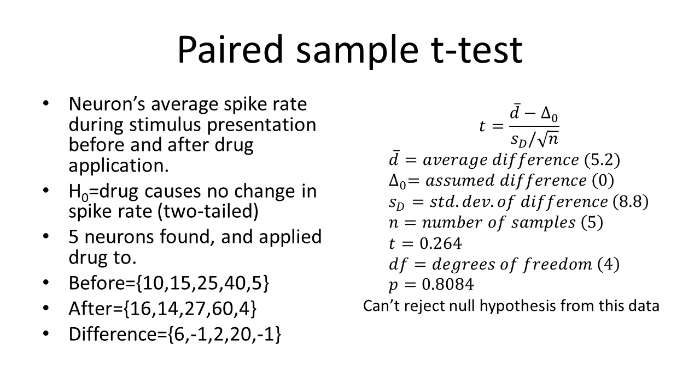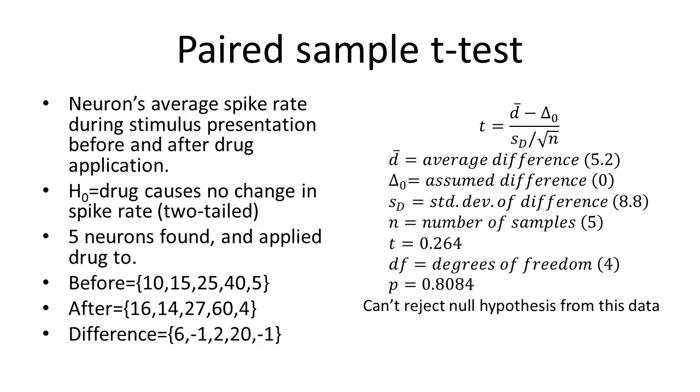So moving on to the actual description of it, you can skip this part if you don't care too much about it, because you could always just put this in MATLAB automatically. But basically, let's assume that you have the neuron's average spike rate during stimulus presentation before and after a drug application. So H0, the null hypothesis, is that the drug causes no change in the spike rate.